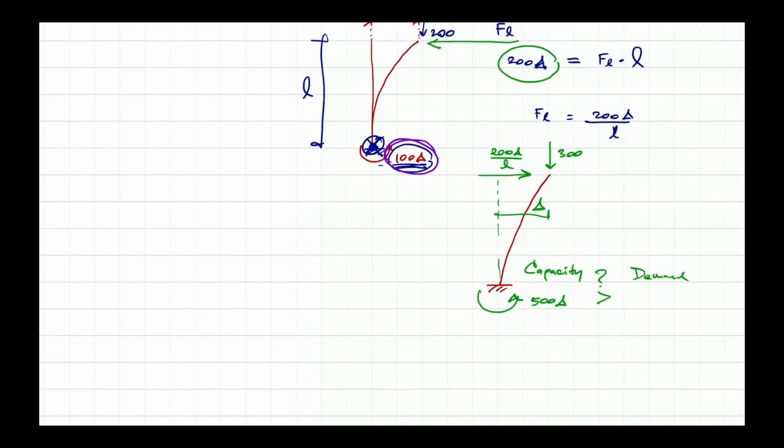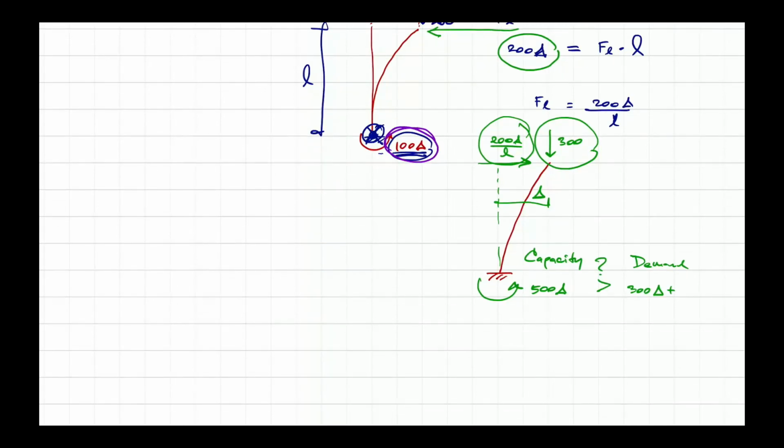So the demand should be equal to 300, right? This part here multiplied by delta, and then you add up with another part. The other part is the part that this right column is helping stabilizing the left column.